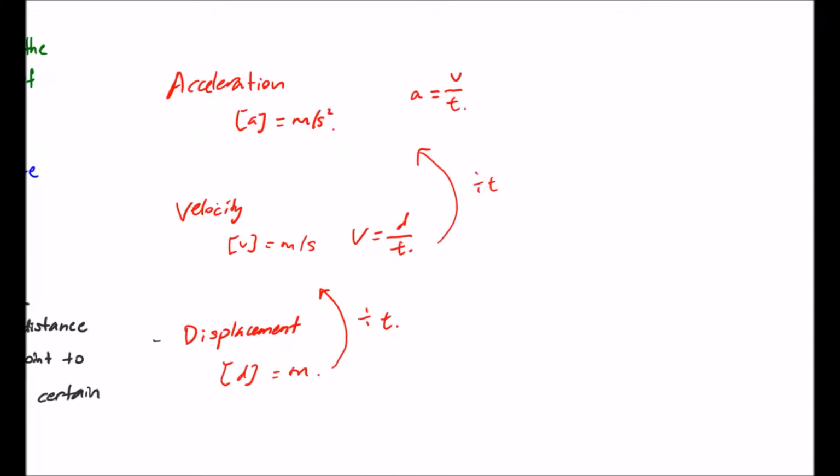One cool thing you can tell from the units itself is the definition of acceleration and velocity. If you look at velocity, it is meter per second. Meter is displacement, second is time. So just by looking at this, you know that velocity is measuring displacement with respect to time, how fast displacement changes with time.